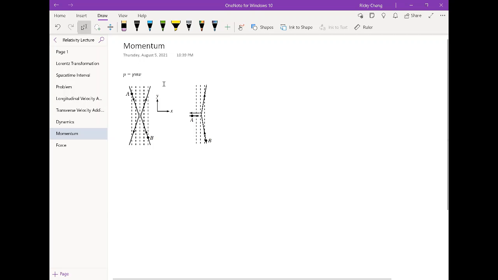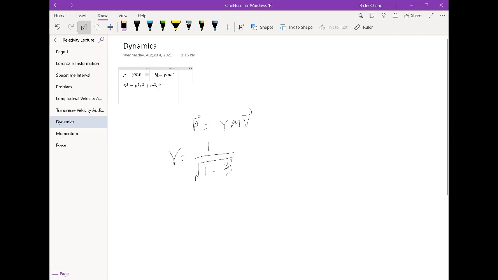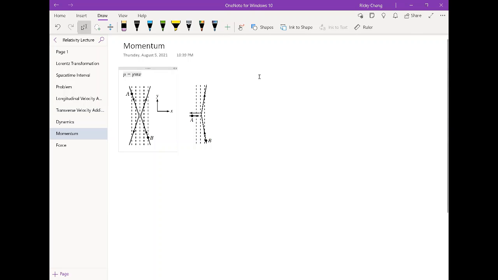The equations for momentum here and for energy here are all confirmed experimentally. Here we're just showing a small thought experiment that shows why this is a good candidate for the momentum.